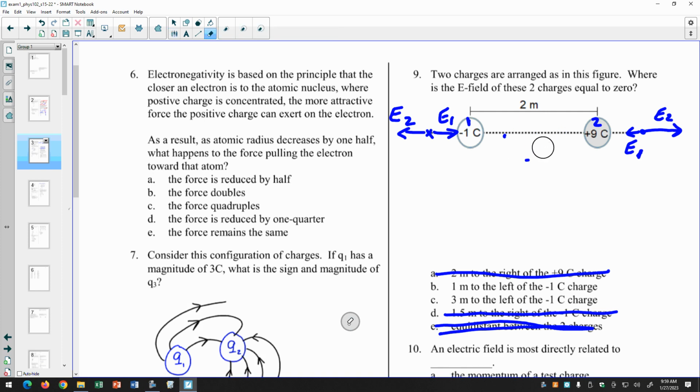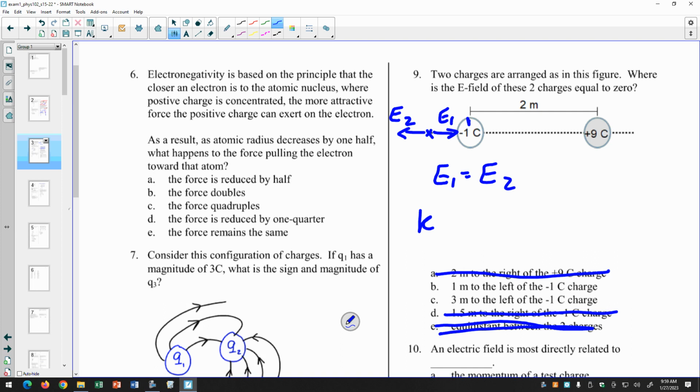I'm going to erase these. Alright, so now, I want E1 to equal E2. That means that Q1 over R1 squared should equal Q2 over R2 squared.